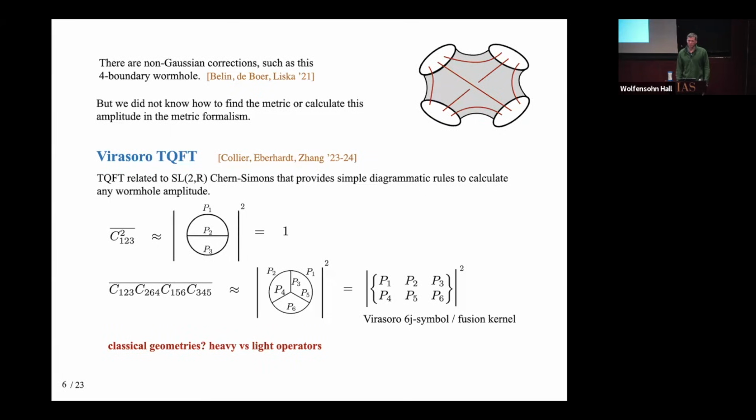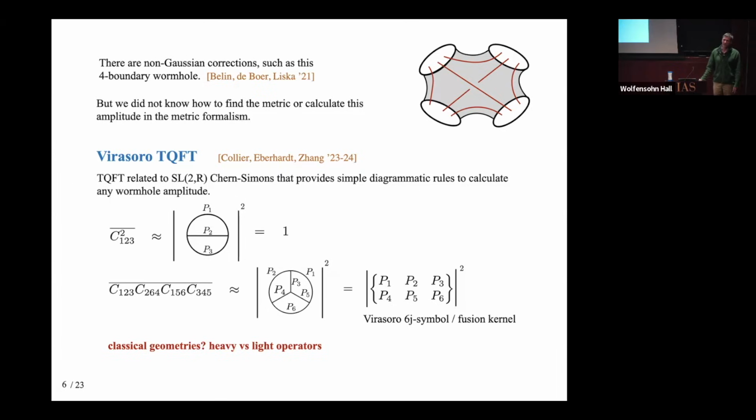There's even some more pedestrian issues with just interpreting the geometries that come out of this. So the Chern-Simons or TQFT method makes the calculations very easy, but it obscures what geometry you're actually talking about. It can be difficult to take a calculation like this and ask the question, what is the semi-classical geometry here?